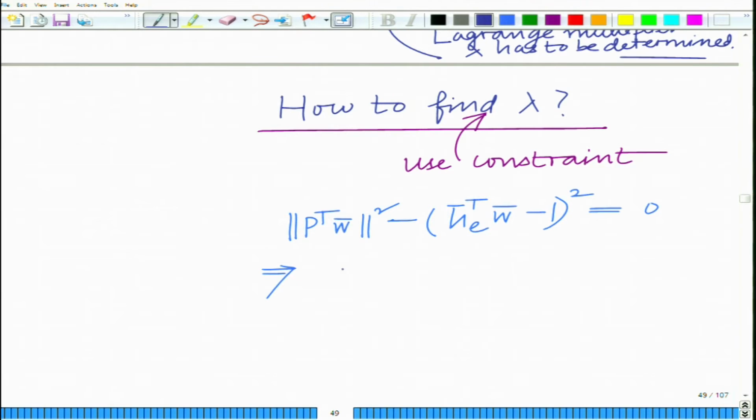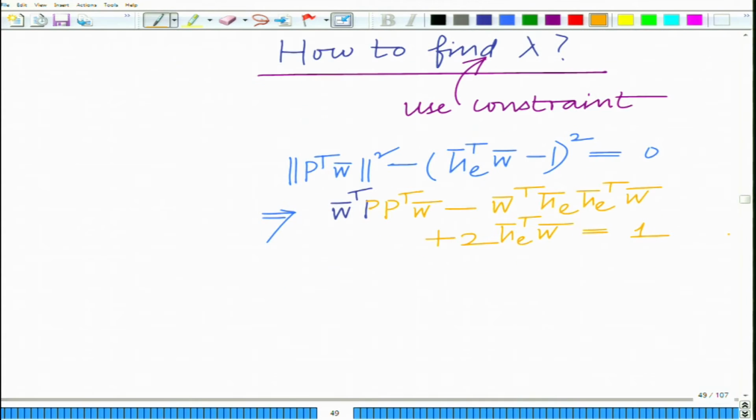This implies that W bar transpose P P transpose W bar minus W bar transpose H bar E transpose W bar plus twice H bar E transpose W bar equals 1. Okay. So basically this is the constraint. Now again you can combine this P P transpose minus H bar E transpose.